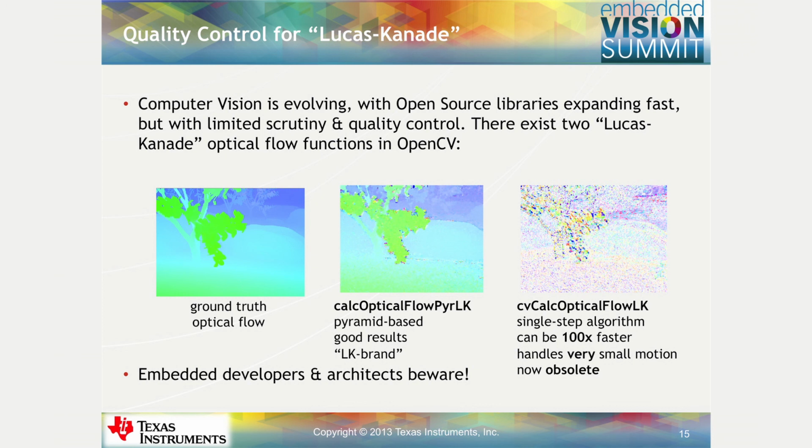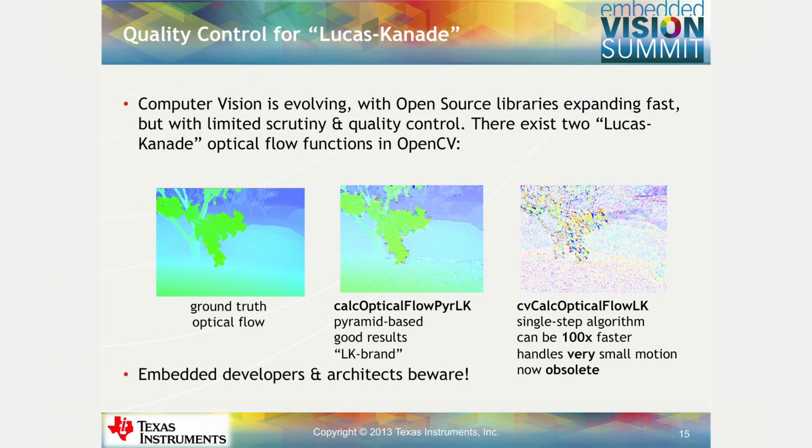What we have done here is we have taken that data set with the ground truth on the left, and we have evaluated those 2 algorithms. And what we see is that the function called the pyramid-based Lucas-Kanade flow algorithm is giving very reasonable output. So it's a good, faithful implementation. Whereas the other algorithm, called optical flow LK, is actually far from being up to the job.